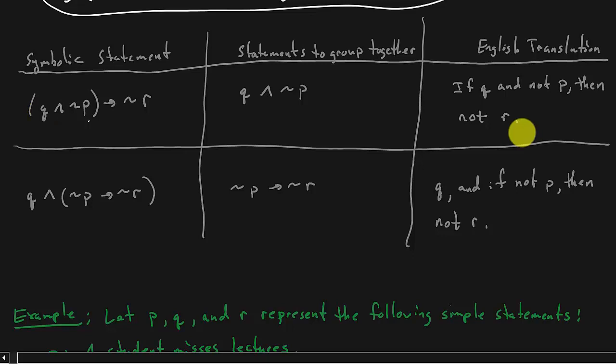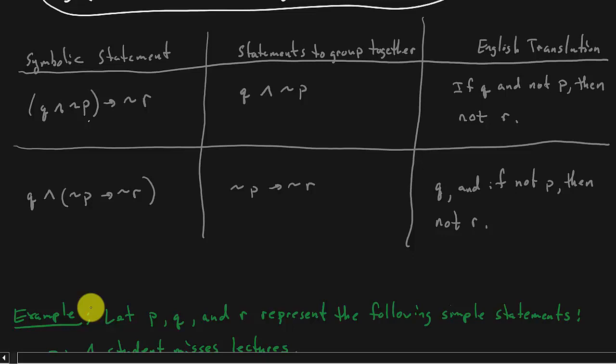So, if Q and not P, comma, then not R. So what do we have here? Q and not P, not R. If not P, then not R. The part that's grouped together is what's in parentheses here. So this one's grouped by itself and then this one.